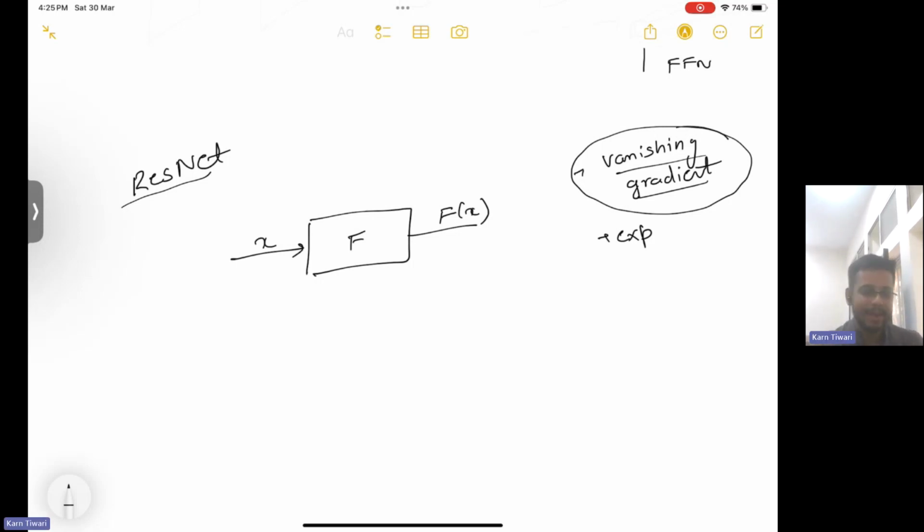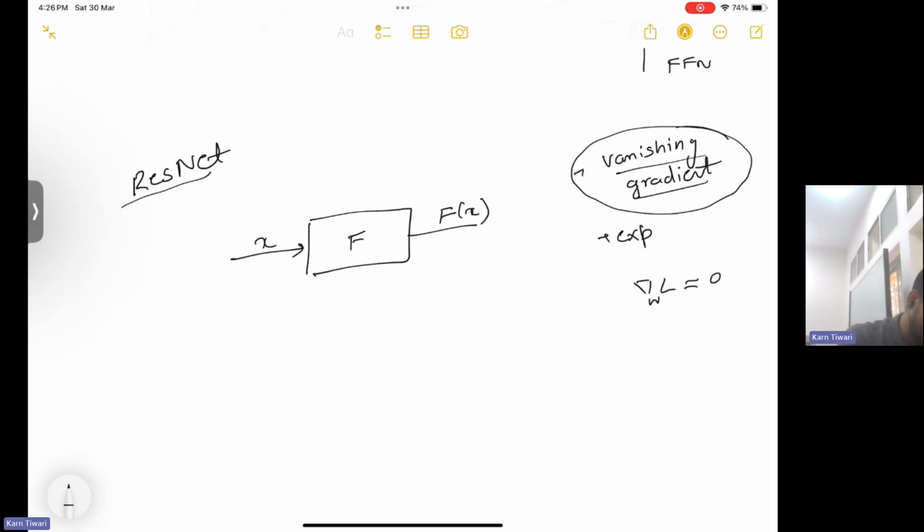By the name itself, the gradient of the loss with respect to certain weights is approximately equal to zero for the weights in the backward layers, basically the initial layers. Because you calculate a loss, you backpropagate it, and whenever it reaches the initial layers, at that time it's zero. So the weights do not get updated at all. That's the vanishing gradient problem, and the performance doesn't improve after some time. So you're not able to train the model properly.